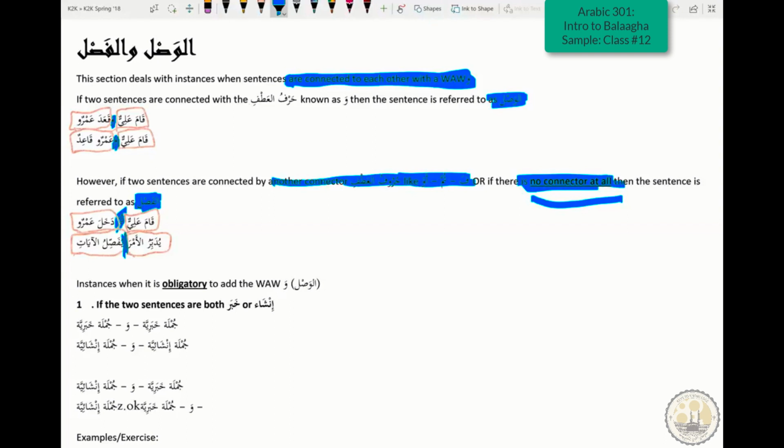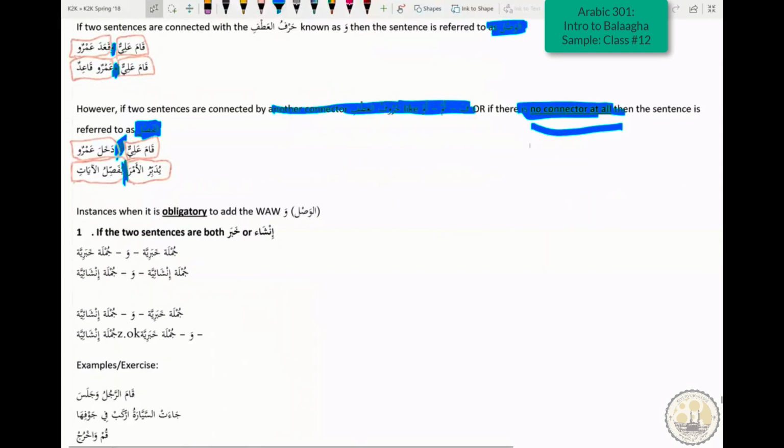And we'll learn those instances when it is obligatory to either erase the waw completely or mention another harf atf in its place, and thus those sentences will be known as al-fasl. So basically, we're going to learn today when a sentence is fasl and when a sentence is wasl. Let's begin, inshallah ta'ala.